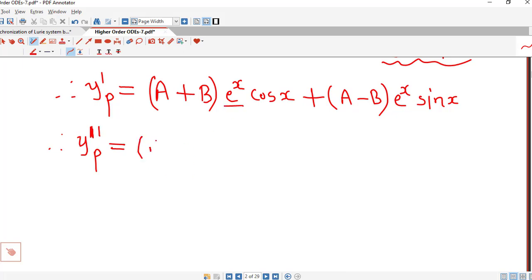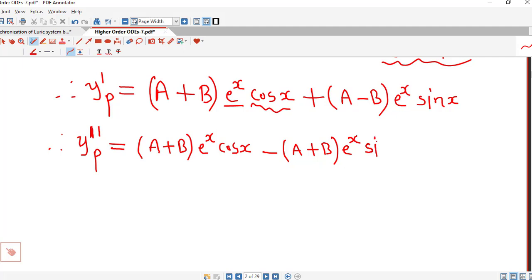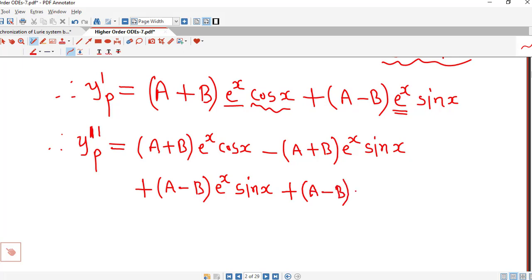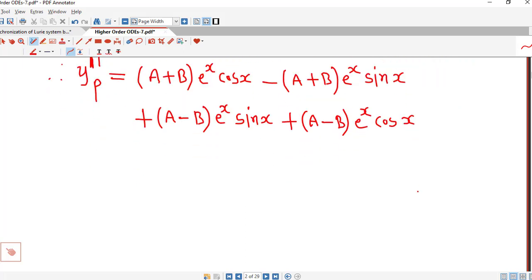We first consider the derivative of e raised to x, which is e raised to x, and cos x as it is. Now the derivative of cos x, which is minus sin x, and this quantity a plus b e raised to x as it is. Same thing here, first we differentiate e raised to x, so we have a minus b e raised to x sin x, the derivative of e raised to x is e raised to x, and then we differentiate sin x, a minus b e raised to x as it is, the derivative of sin x is cos x.